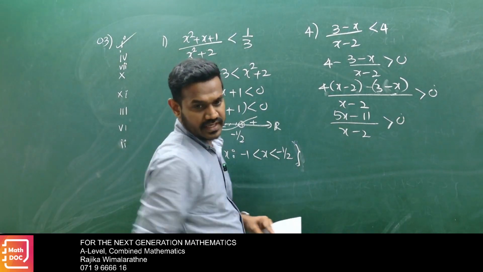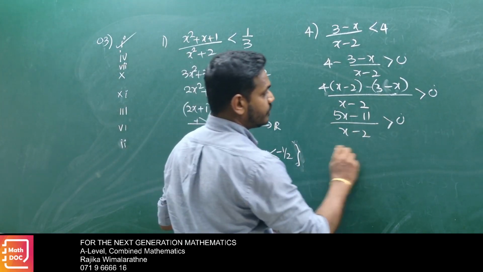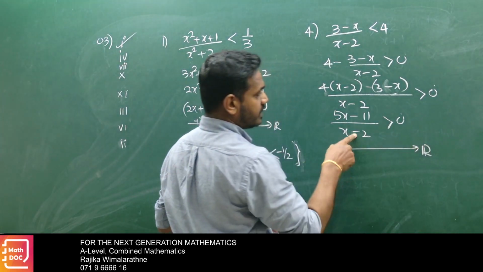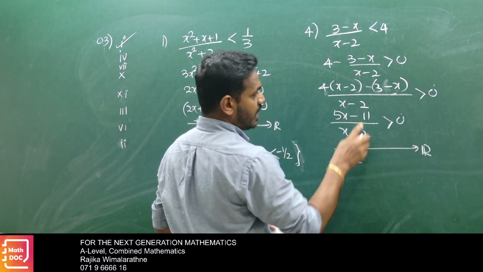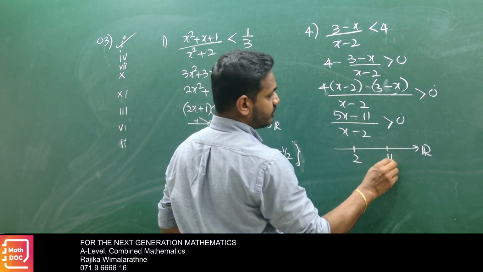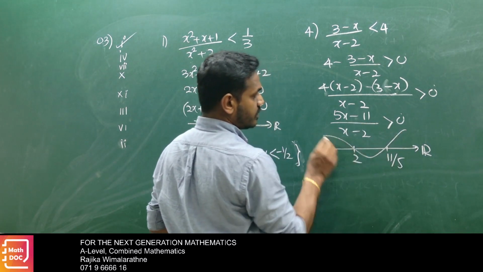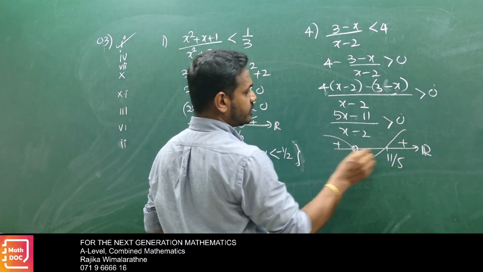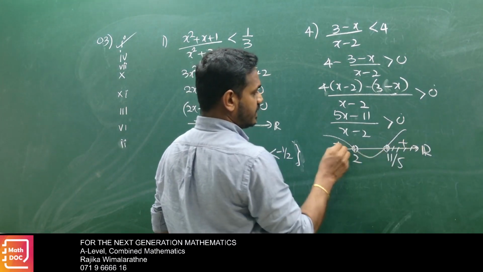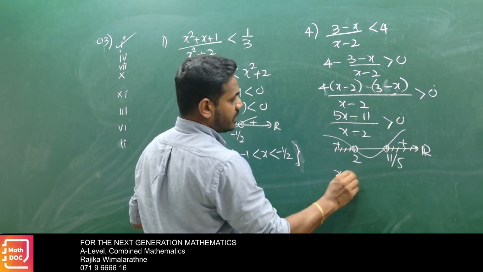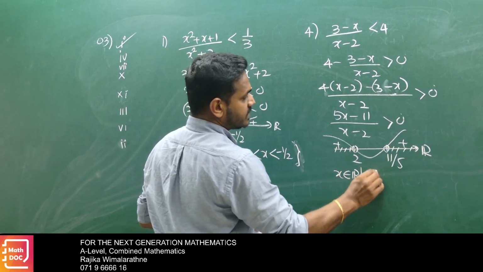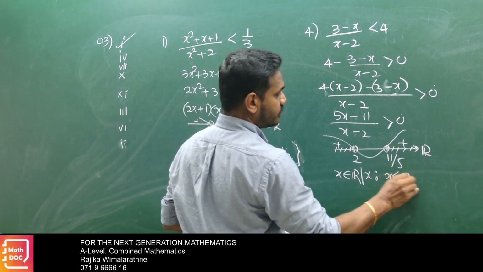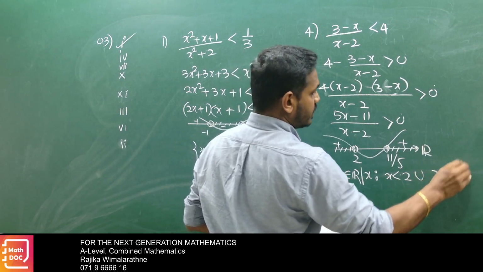Now we have two factors here. Here 0 value 2 and here 0 value 11 over 4. Then positive, we don't have equality. Then here the region. X element of real set x such that x less than 2 union x greater than 11 over 4.